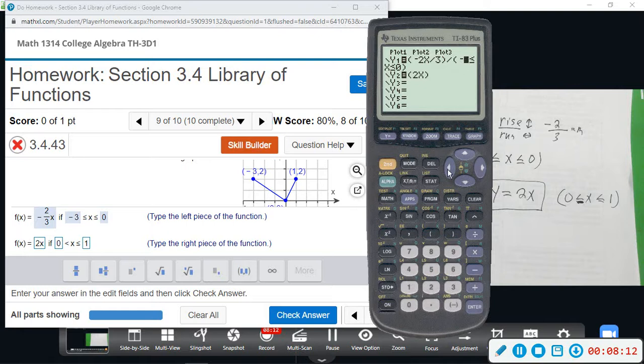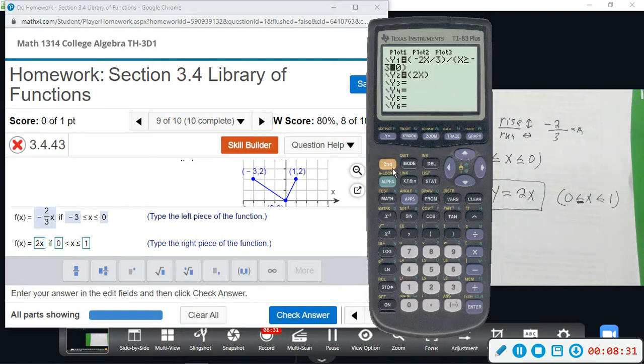Actually, I want to do it a different way. So I'm going to say all my x values are greater than negative 3. So I'm going to say x is second math. We're going to say greater than. We're not going to write it like it is. So number 4. All my x values are greater than negative 3.